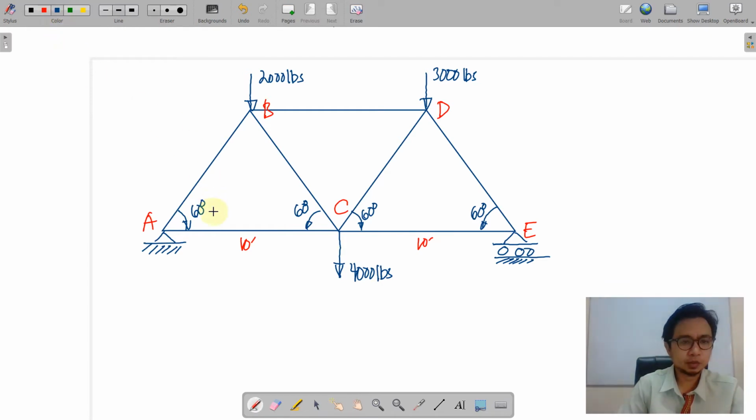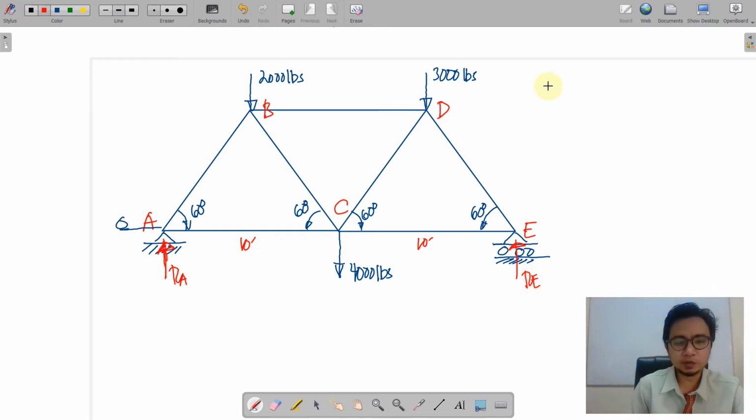At point A, we have a horizontal and vertical, but obviously the horizontal has no value since we cannot find any horizontal force there. And let us assume that we have an upward RA and an upward RE on this side.